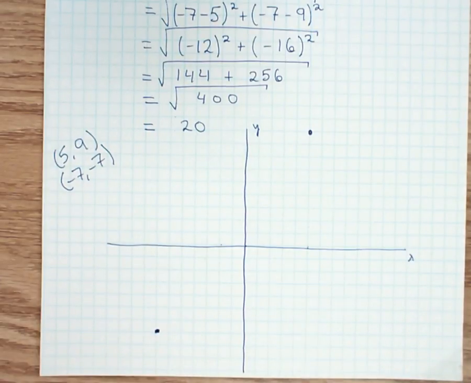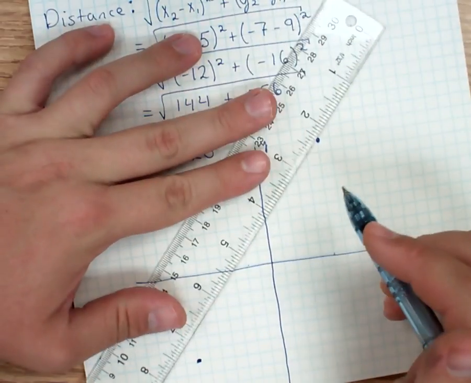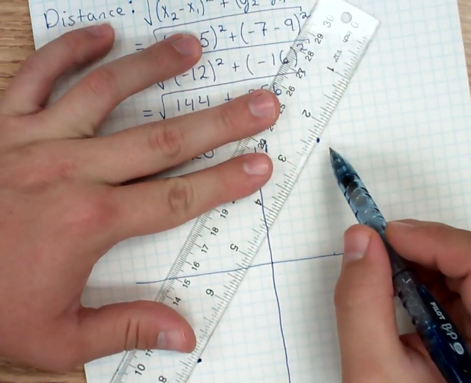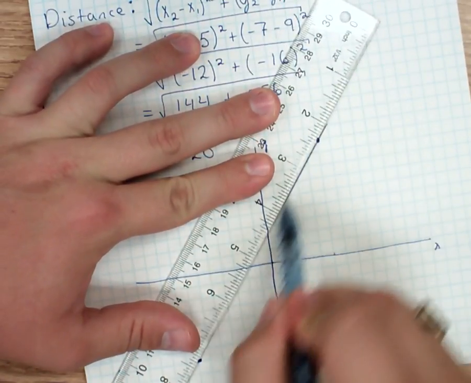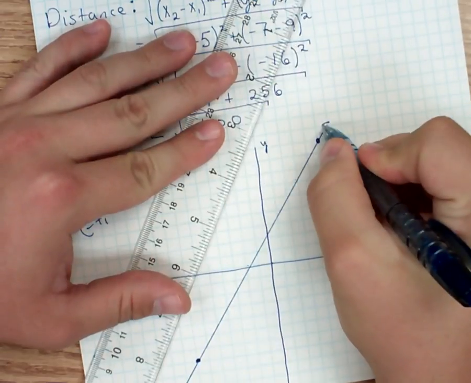I'm going to get a ruler so that draws in nicely. All right, and here's our line.